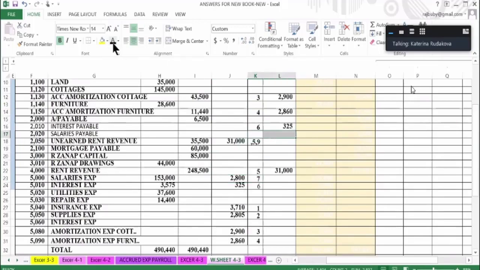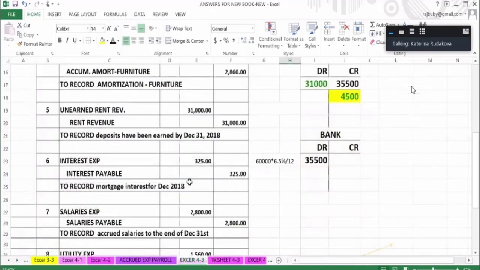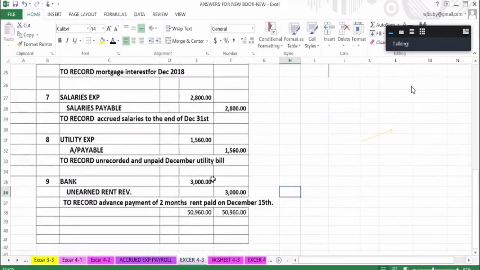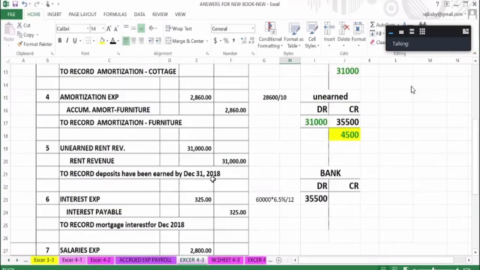Oh, we missed the mortgage percent. Number 6, interest expense, mortgage percentage. I missed that one. No, that is the interest. Oh, not the mortgage. For mortgage, we are paying interest, right? It's not an amount to mortgage. It is interest.